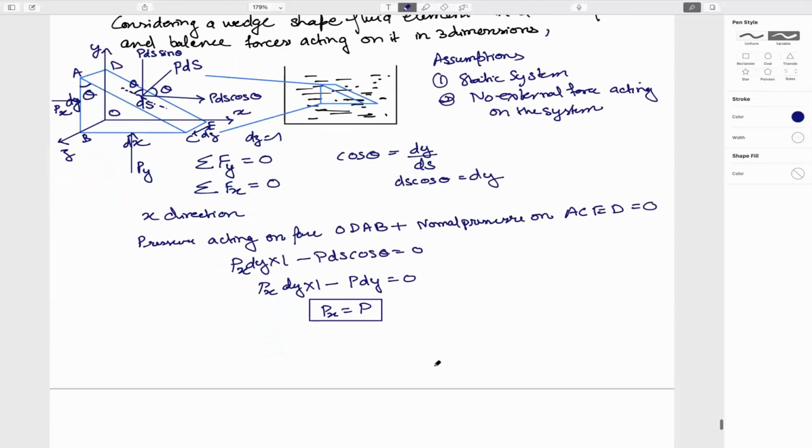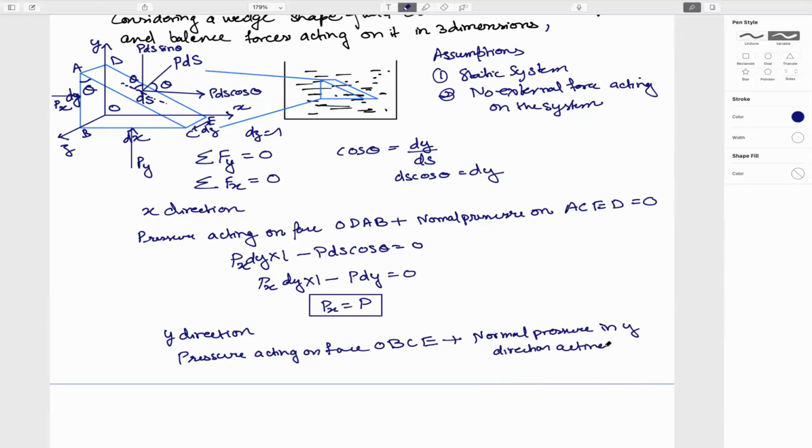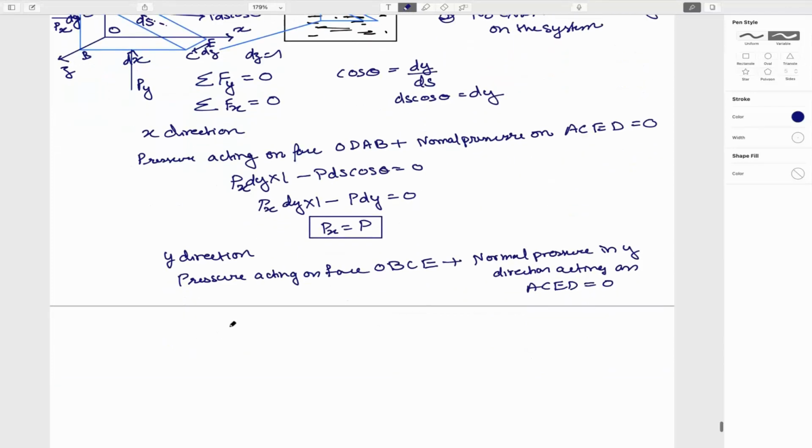Now do the same thing in the y direction. In the y direction, the pressure acting on face OBCE plus, that should be balanced by the normal pressure in the y direction acting on ACED, and this should be equal to 0.